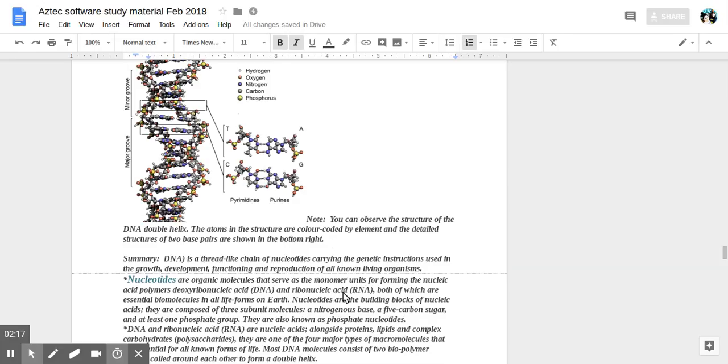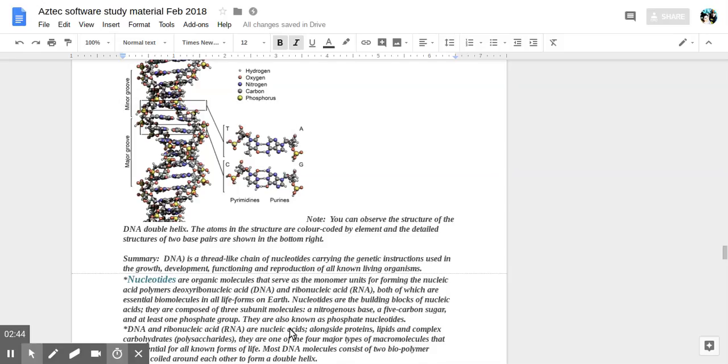So RNA is ribonucleic acid instead of deoxyribonucleic acid. I believe it just has, I think, that it gets oxygenated or something. But nucleotides are the building blocks of nucleic acids.